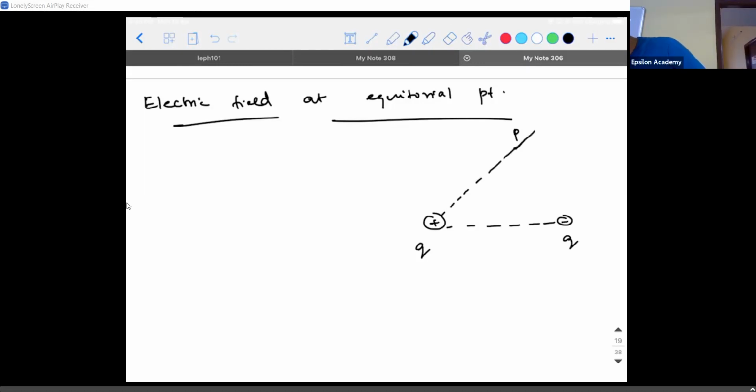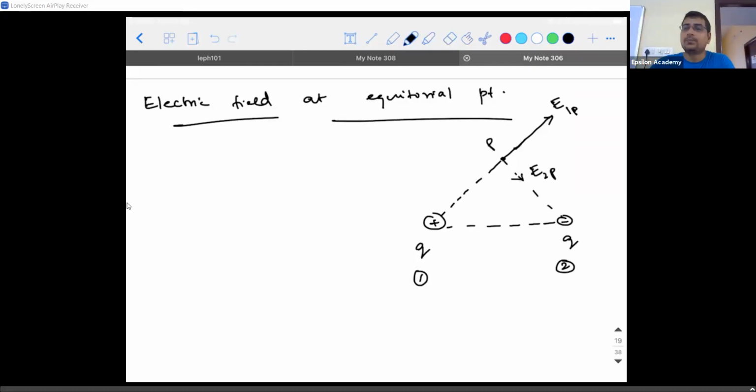If I name these as 1 and 2, I write it as E1P. Similarly, due to the negative charge, it is towards. Direction is more important for me. If you draw a line like this, it will be towards, E2P.